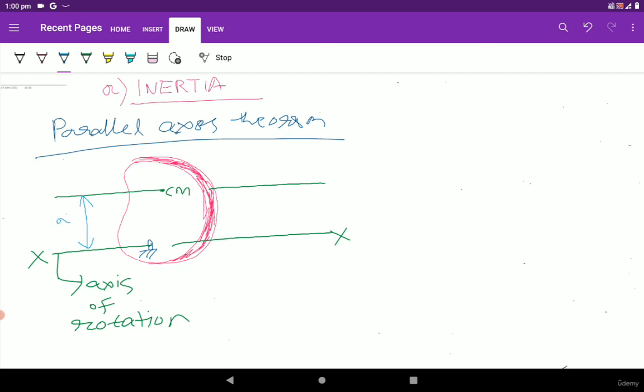So in this case, we know the moment of inertia about the center of mass, and we need to find out the moment of inertia about the axis of rotation.